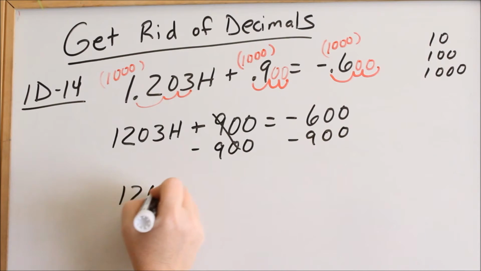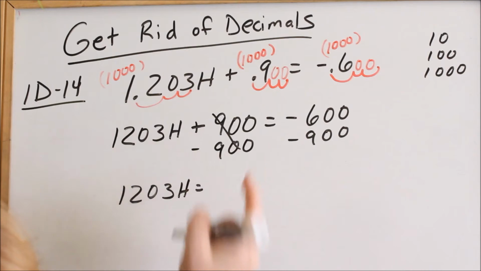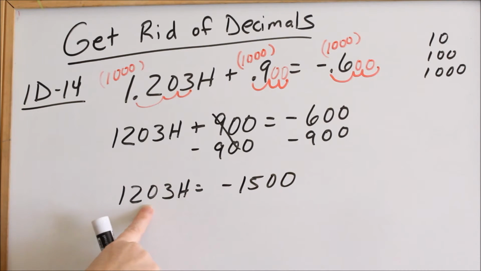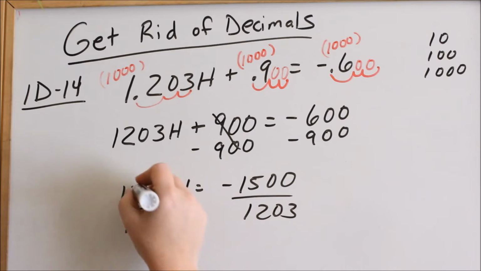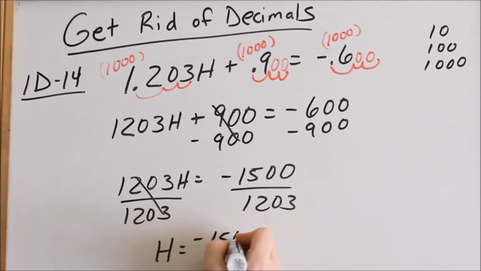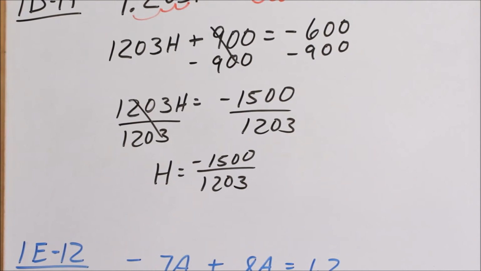So now I got 1,203H. I'm in debt 600. I'm in debt more 900. So I'm in debt 1,500. I need to divide this away. So H equals, and you can turn it into a mixed number, or you can leave it as an improper fraction.